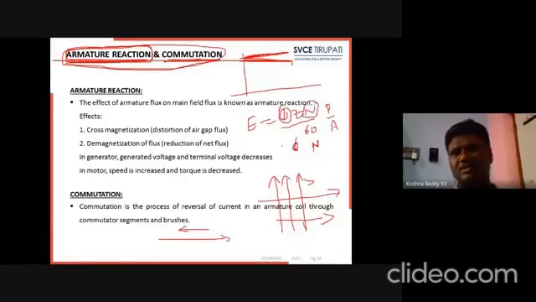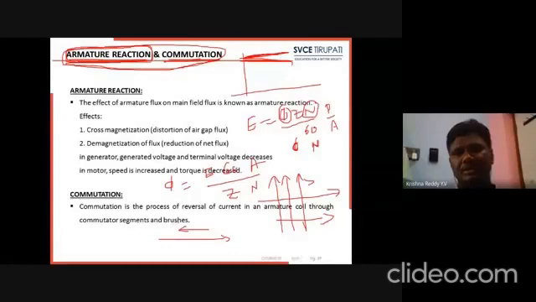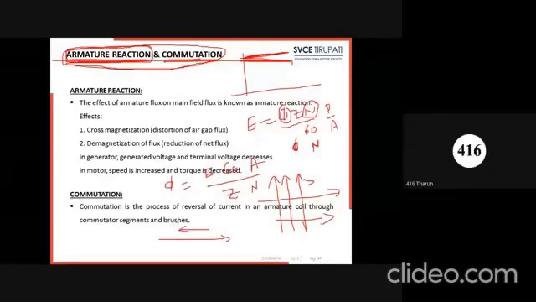We are taking the flux equation: flux equal to E into 60 into A divided by Z into N. Now tell me the flux and speed relation. How is it? Inversely proportional.